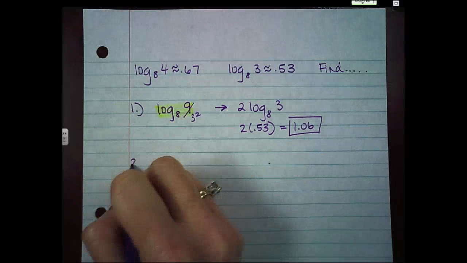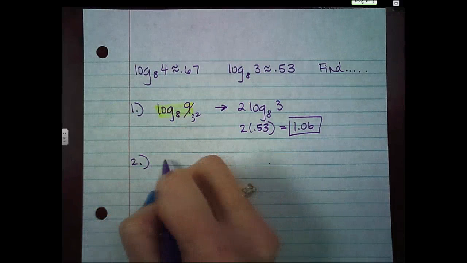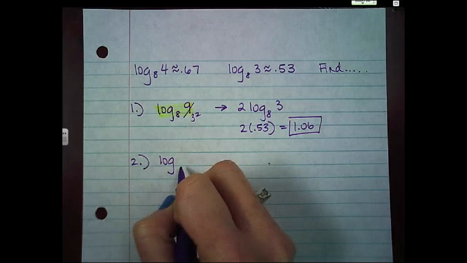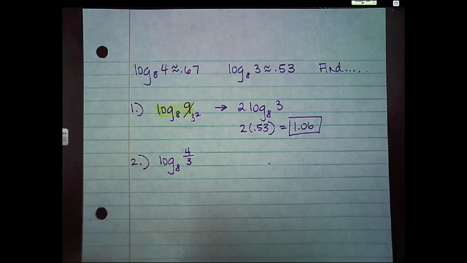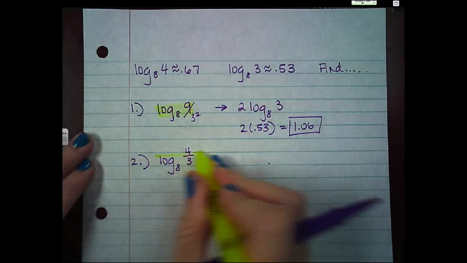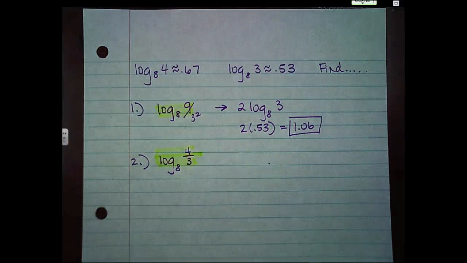Number 2. If I say log base 8 of 4/3, my goal is to rewrite my problem with 4s and 3s. It's already in 4s and 3s. So this one's easy. He just wants me to solve it.